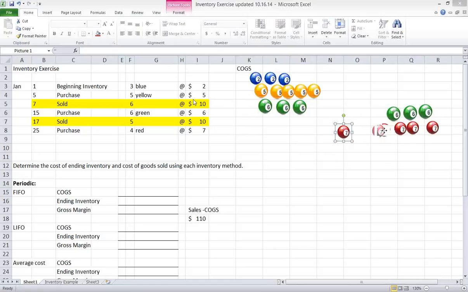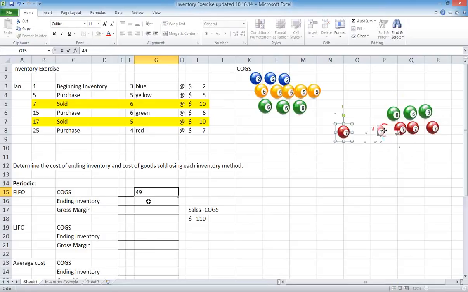So now let's add it up. Can somebody add me up the cost of goods sold and somebody add up the ending inventories? Sold is 49.